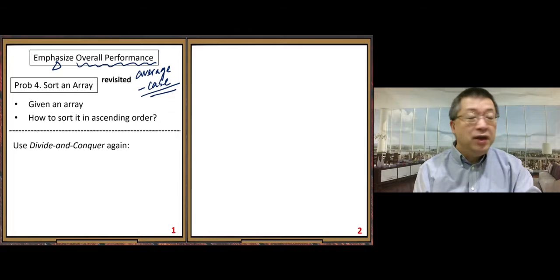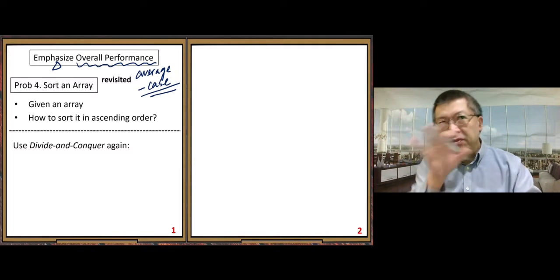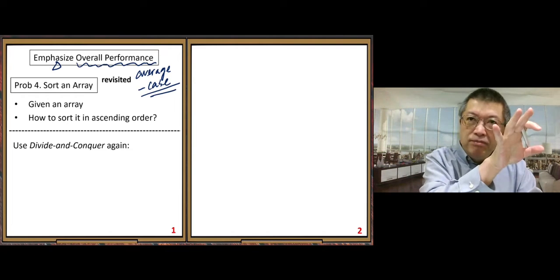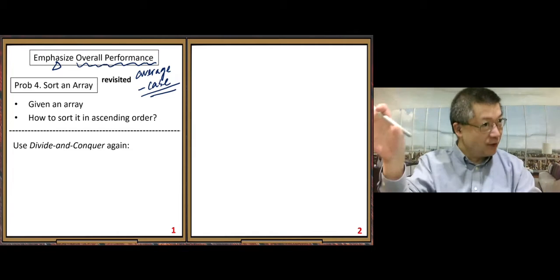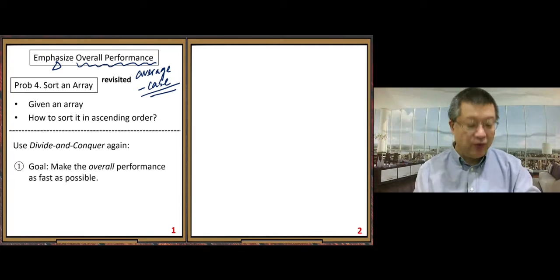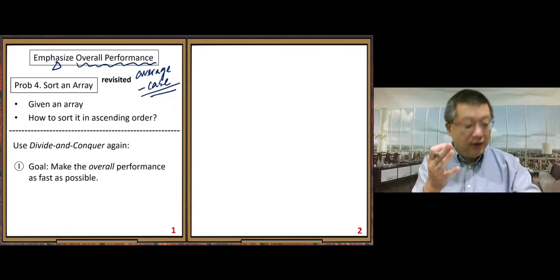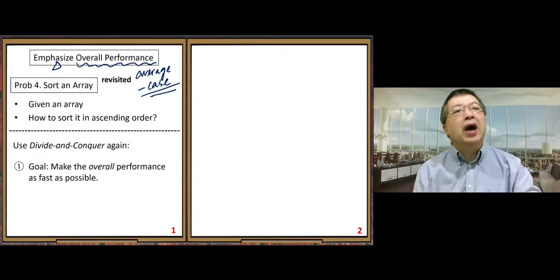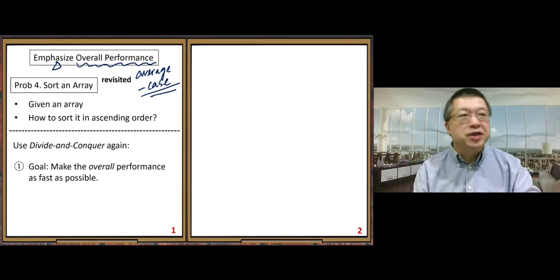Remember, we have many different ways to use divide and conquer with different focus. So what is our focus? The goal here is clear, but we need a completely new way to understand the divide and conquer approach.